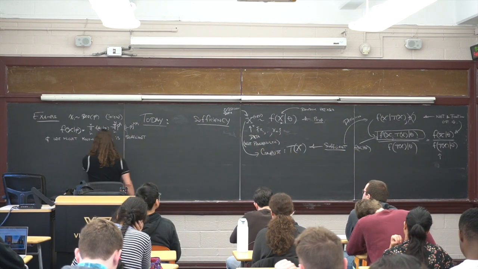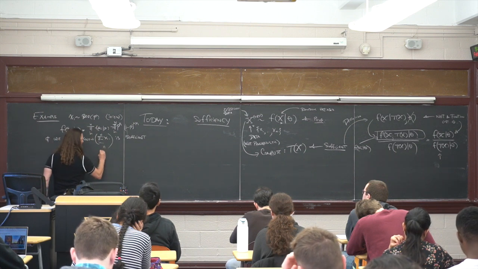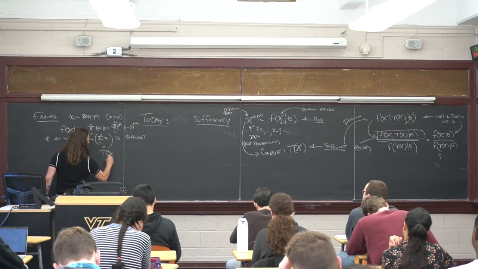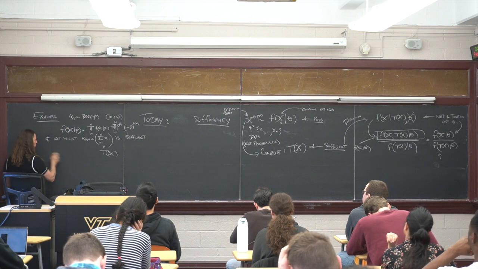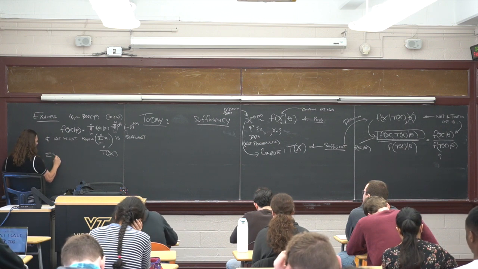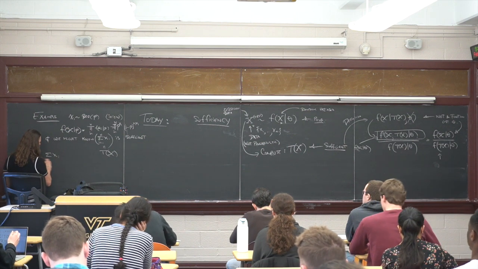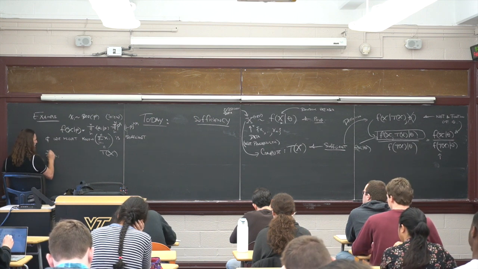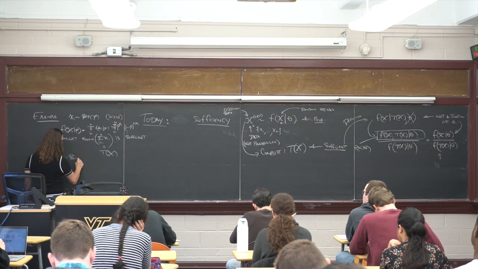So I need to know what its distribution is. So this is T of x in our case, for the example, and I know the sum of the xi's, i goes from 1 to n, is binomial.